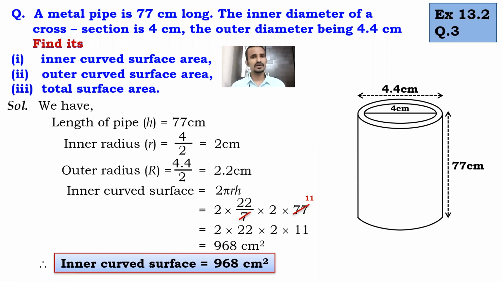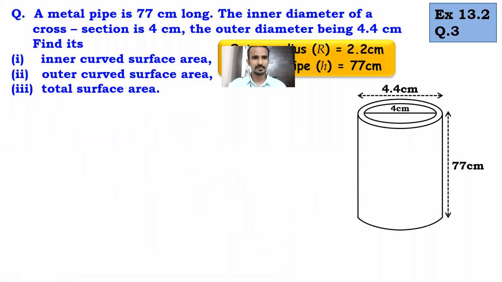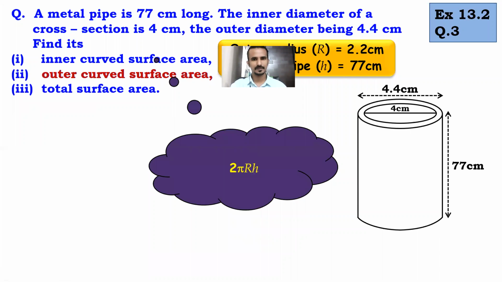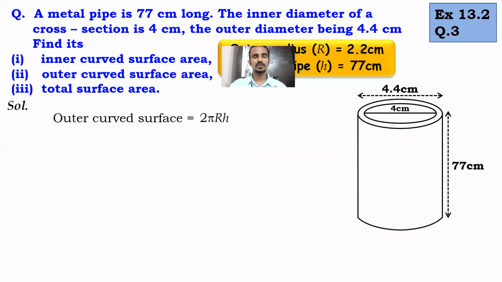I hope since we have done the first answer, it is going to be easy for you to get the second answer also. So let's do the second part. The second part says outer curved surface area. Exactly the same formula, but a different radius will be used here. The formula is again curved surface area is 2 pi rh, but the radius here will be capital letter R. So write down outer curved surface area is equal to 2 pi Rh.